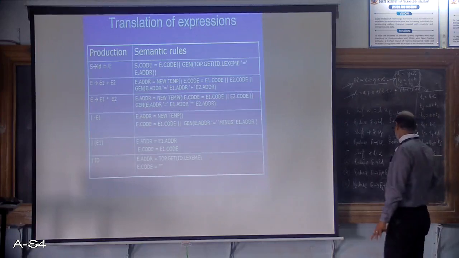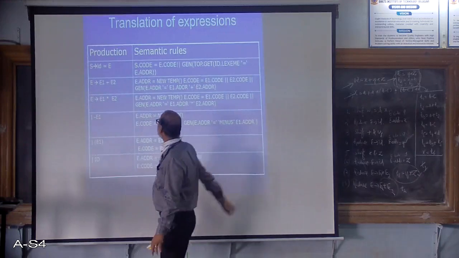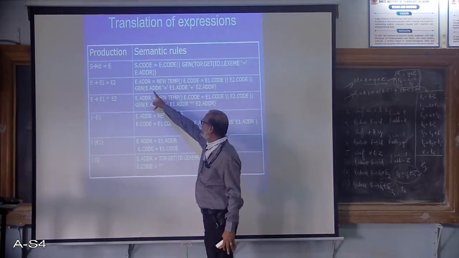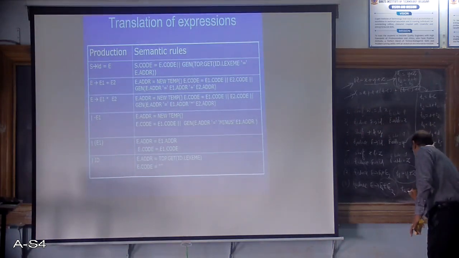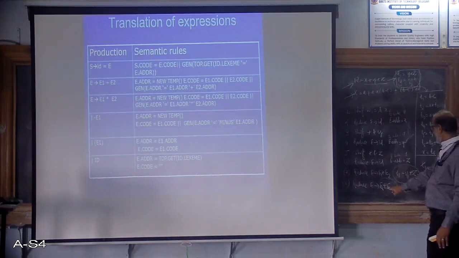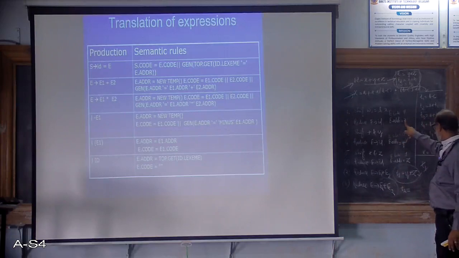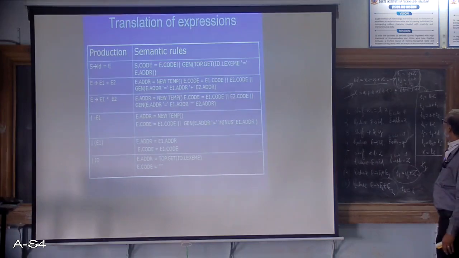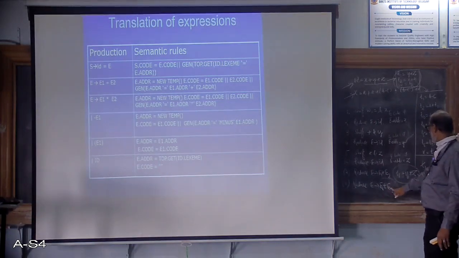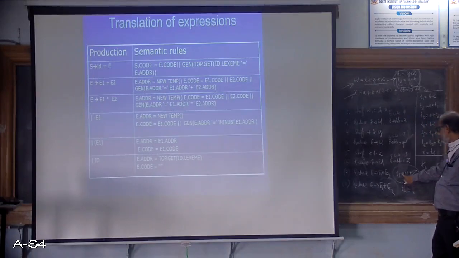Now, when this particular production is used for reduction, I am going to generate a new 3 address code. Since I have requested a new temporary, this is T2. So T2 is equal to the value of this expression, which is E1 dot address. What is that here? It is X. Next, I have the value associated with the 3 address code of E2, which is T1.